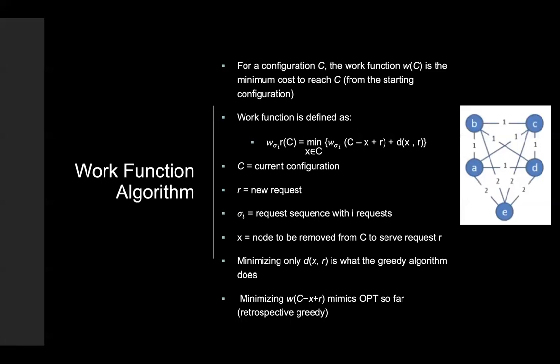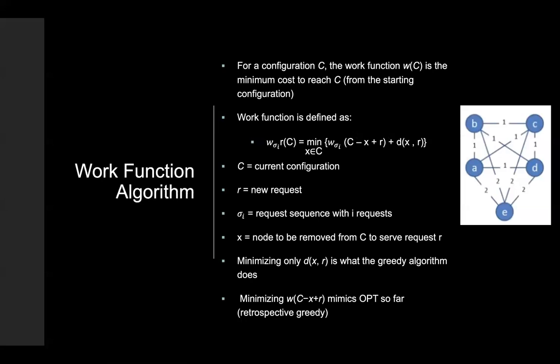That means we are finding a configuration such that it can serve the new request r along with the previously seen requests in the most optimal way. In a way, it is mimicking the optimal offline algorithm. As you can see, the work function algorithm is an aggregation of the solutions of both the greedy algorithm and the optimal offline algorithm.